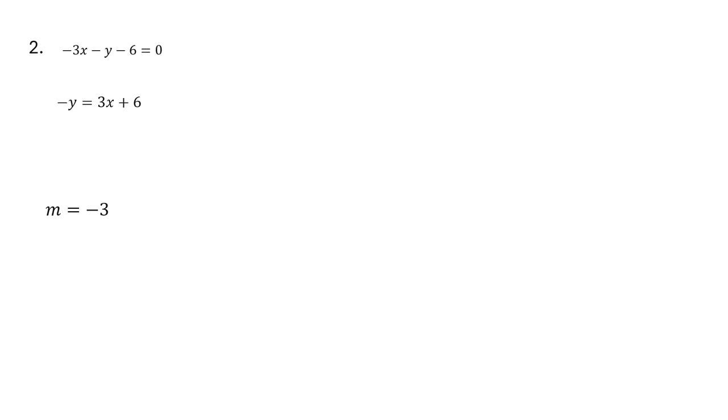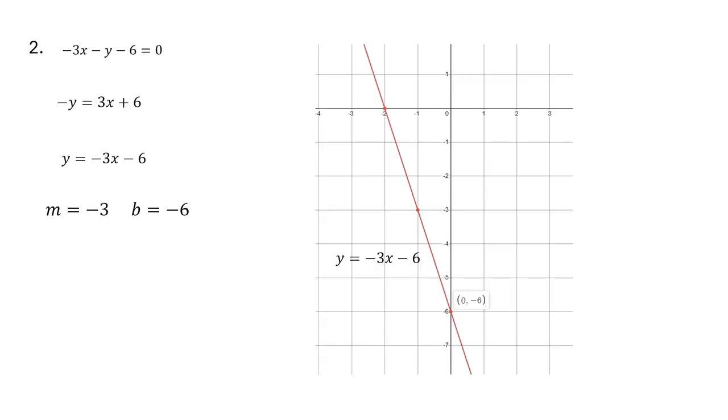Multiplying both sides by negative 1 gives us a positive y equals negative 3x minus 6. The coefficient of x is negative 3, so that's our slope, and our b value is negative 6. And here is a graph of it, and as you can see, the y-intercept is indeed negative 6.